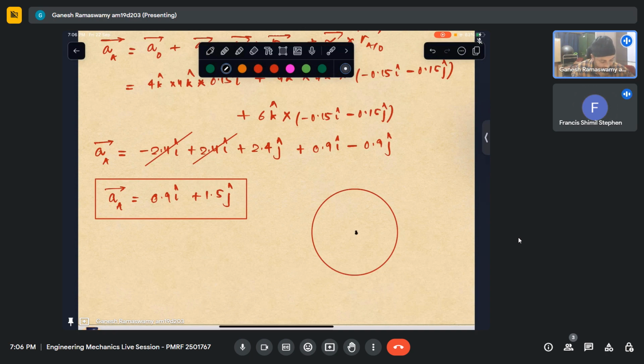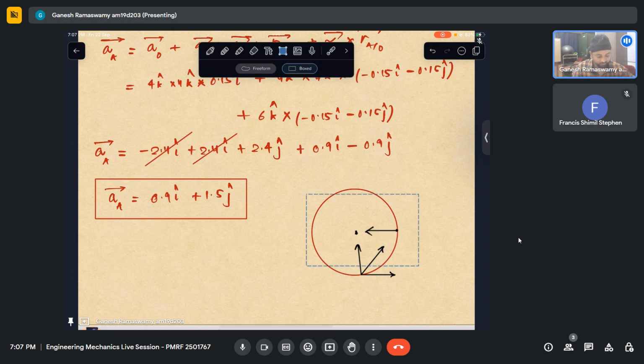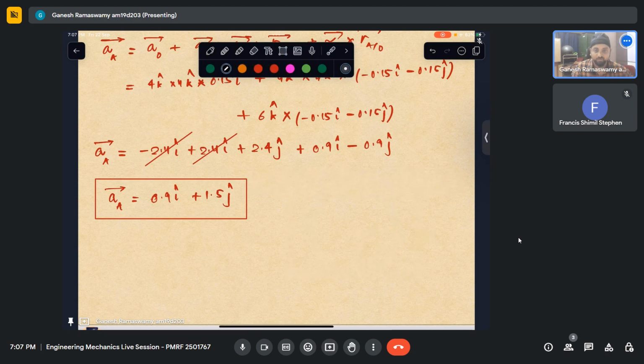See, if you put it here, then your alpha cross R will be like that. Centripetal will be like that. It is just the sum of these two. If this was your reference, it's the same. Centripetal will be like this, and then its acceleration is like that. So I have just added up those two vectors. It is up to you. Whatever is convenient to you, you can do.